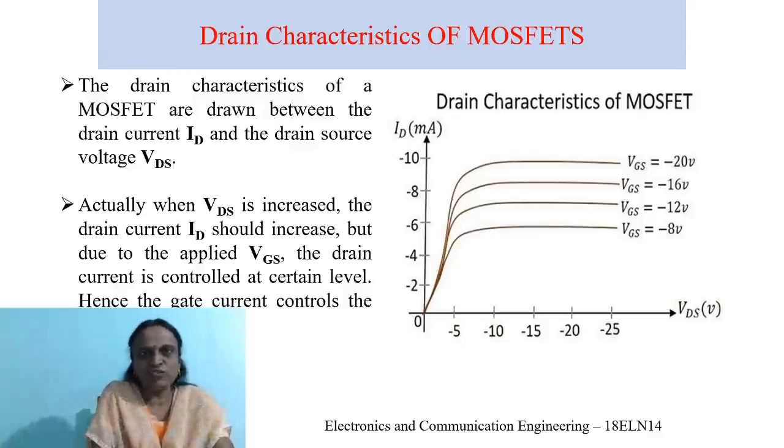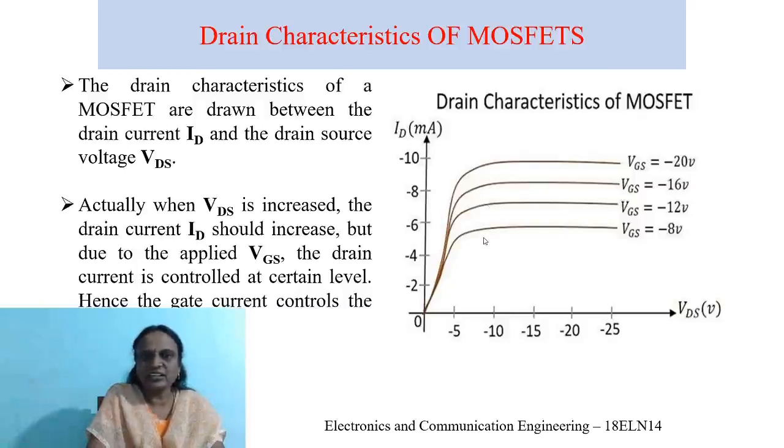The drain characteristics of MOSFET are plotted between drain current and drain to source voltage. The characteristics curve is shown in this diagram. When VDS is increased, the drain current ID should also increase. But due to the applied gate to source voltage, the drain current is controlled at a certain level.